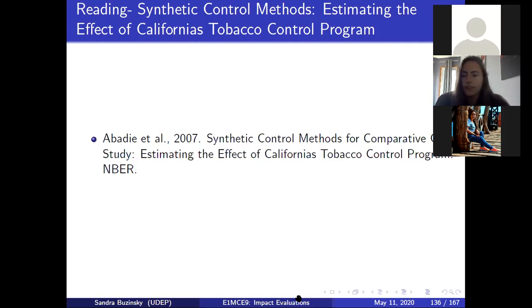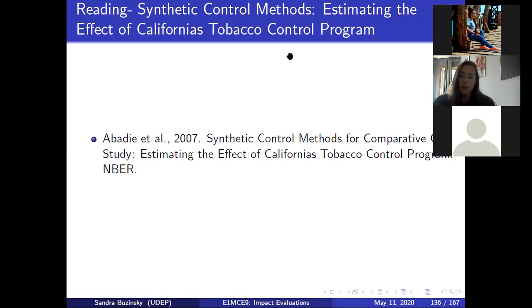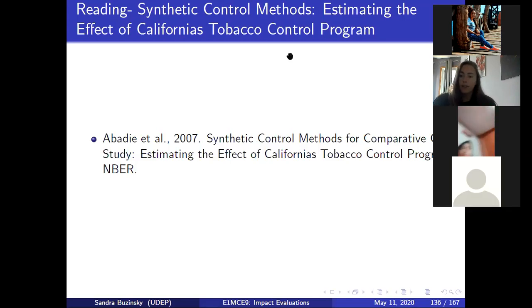Okay, so the basic principle of synthetic control, remember, was that it would be the same setup as a difference in differences. So normally it's a policy at the aggregate level, whether it be a state or district or school or community or something like that. And they're going to receive a program or policy implemented in one time period. So you will have a pre-period and a post-period for your treatment group.